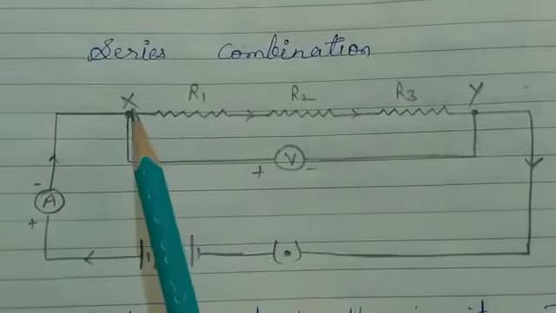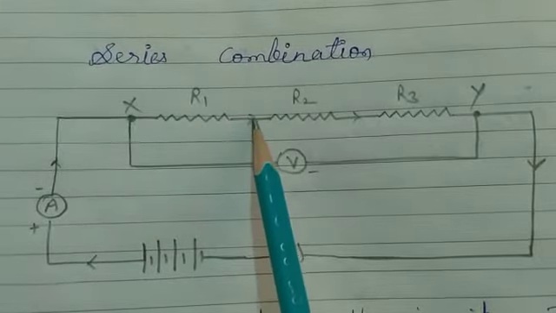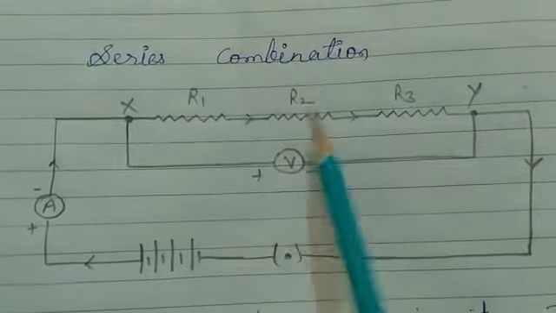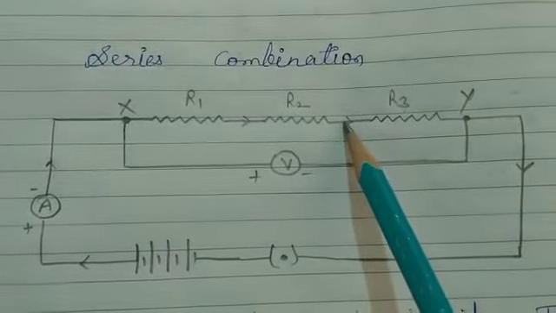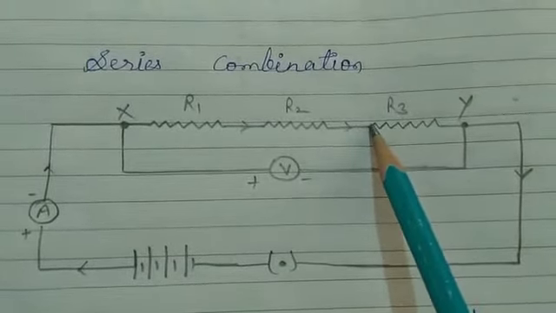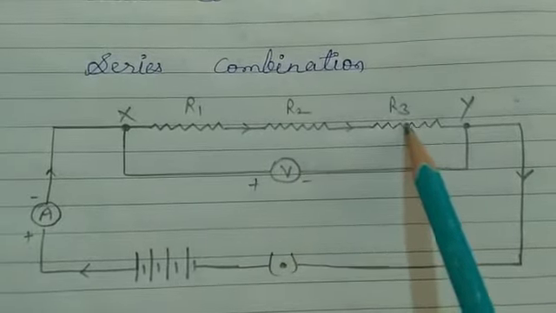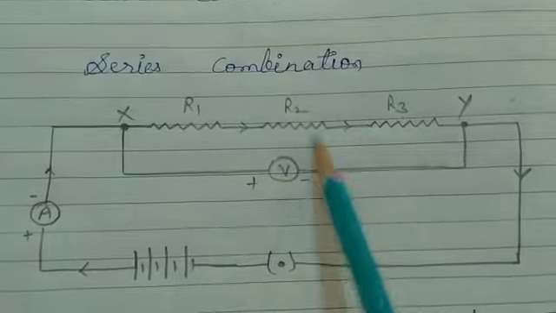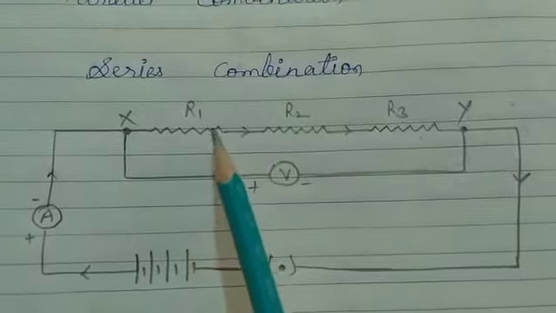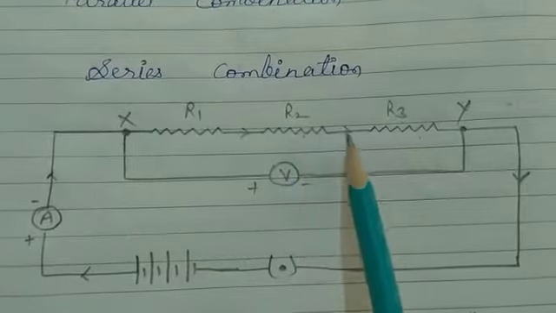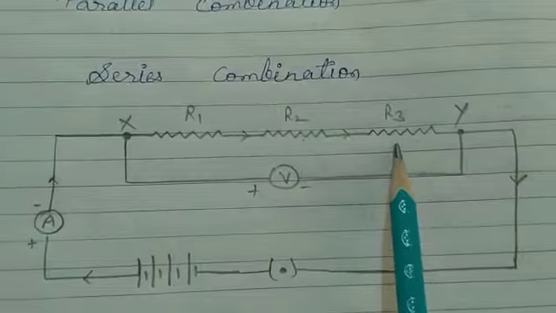The end point of one resistor is connected to the beginning of the second resistor. The end point of the second resistor is connected to the beginning of the third resistor. Like this, these three resistors are in series. So this is called series combination.